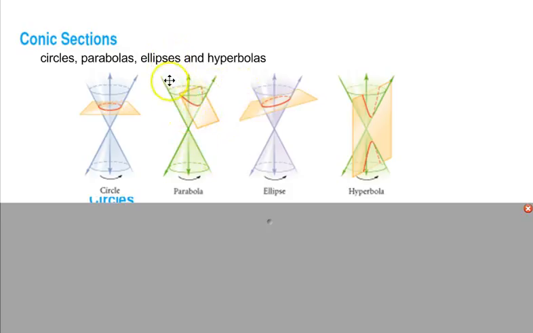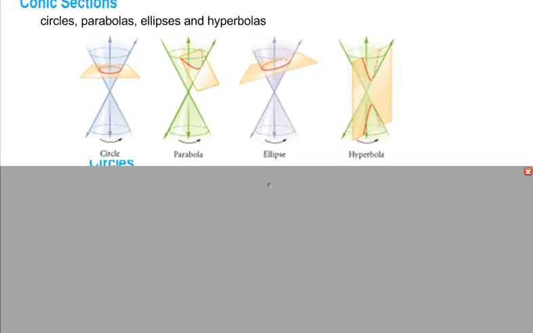If I intersect this cone with this plane, it creates a parabola. If I intersect the cone with this plane in this manner, I get an ellipse. And if I intersect it in this manner, I get a hyperbola. All of these are not necessarily functions, but they are curves that appear on a two-dimensional grid, based on how the plane intersects the three-dimensional cone.